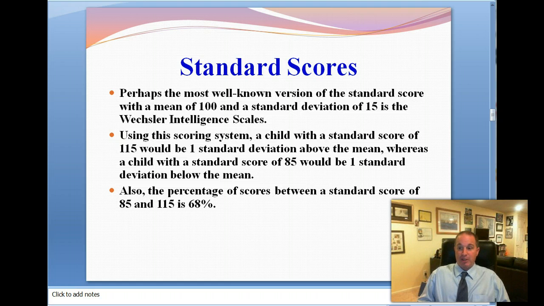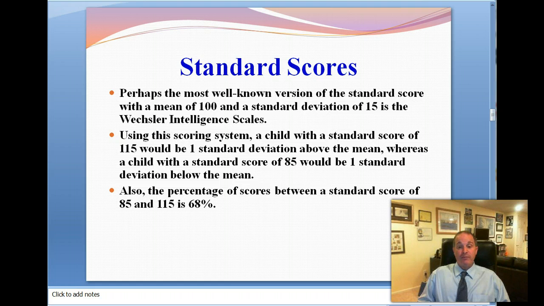Think 100 plus 15 is 115, because the standard deviation is 15. Whereas a child with a standard score of 85 would be one standard deviation below the mean. Again, if 100 is the mean and the standard deviation is 15, then a score one standard deviation below the mean would be 100 minus 15, which is 85.